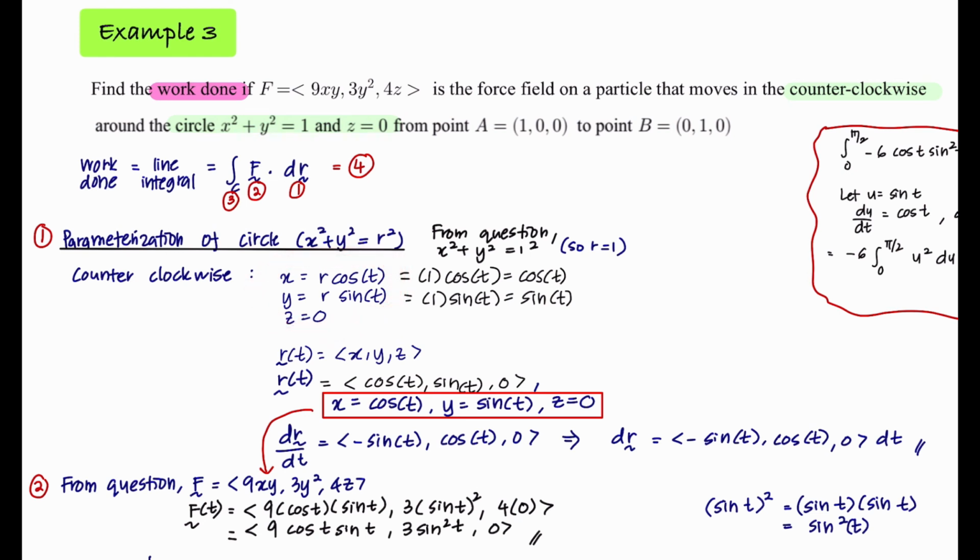Then substitute r equals 1 in the formula, and you will get the value for r(t): x equals cos t, y equals sin t, and z equals 0. Then differentiate r with respect to t, and we get this answer. So dr is given by this formula.